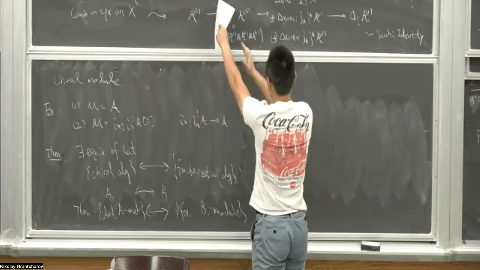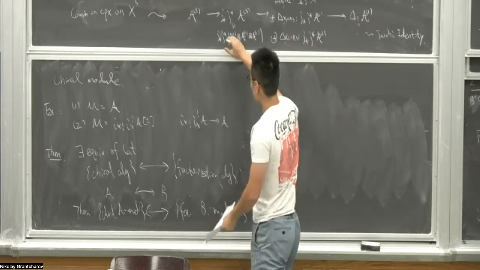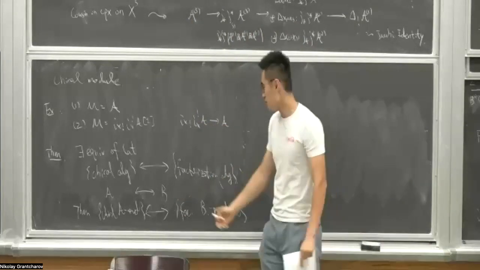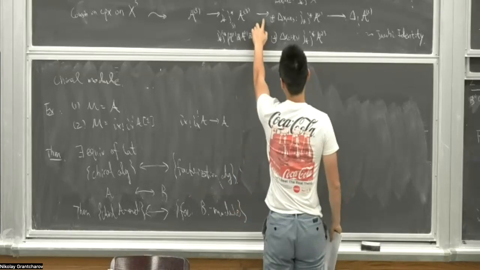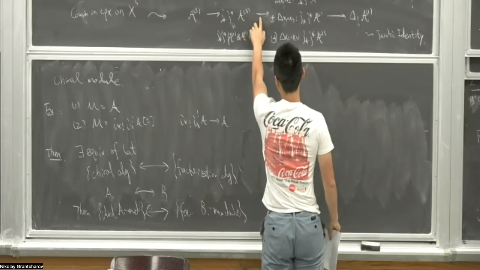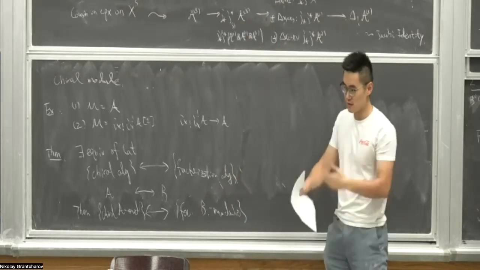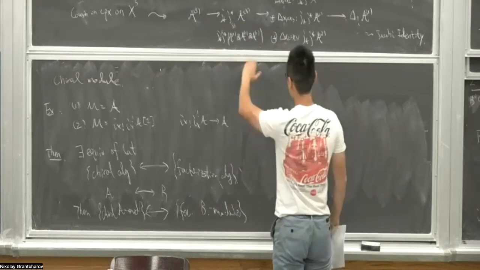So get rid of this, but keep this part. And if I can prove that the cohomology is this, then that's actually the idea. But now these maps are just correct from the complex.